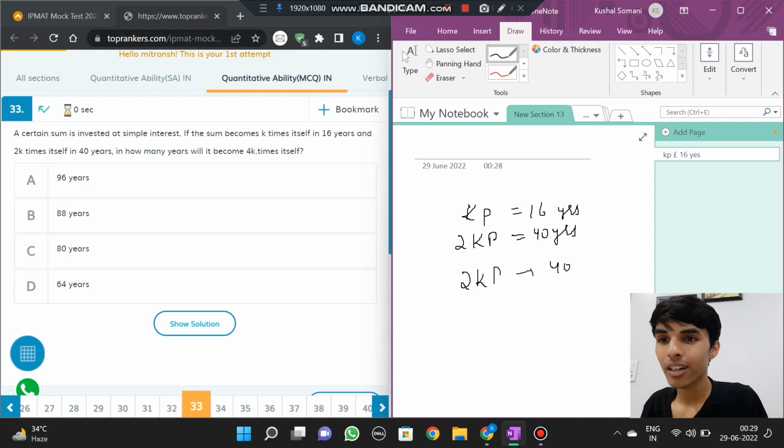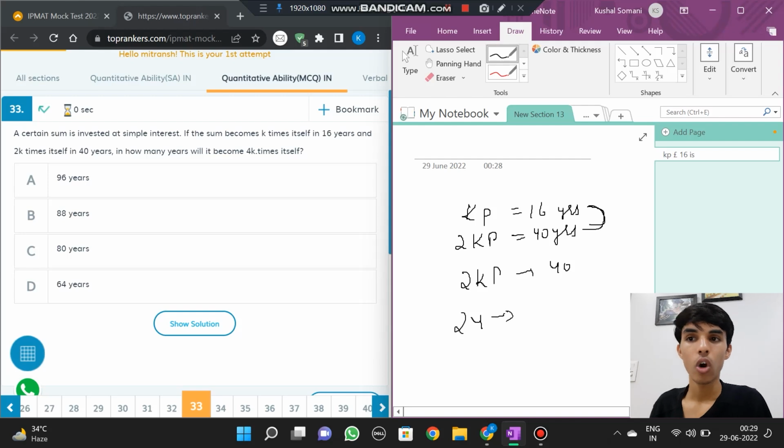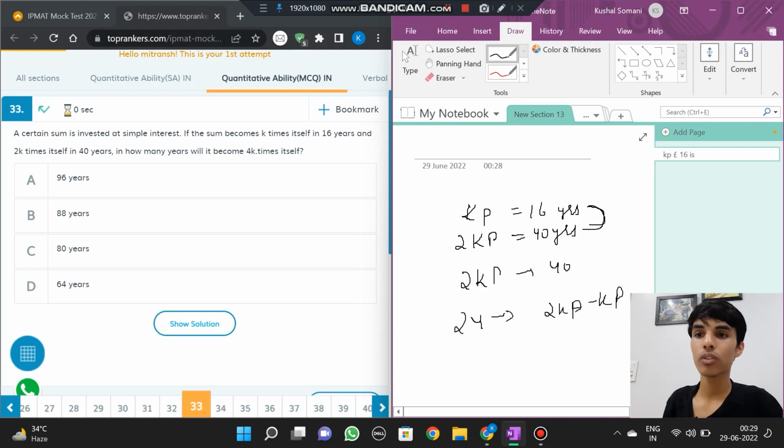And in this gap of 16 and 40, that is 24 years, it is earning an interest of 2kp minus kp. That is the amount earned after 40 years and 16 years. The difference of both is the interest that has been earned in these years, because it is simple interest, and the only gain in a particular year is the interest earned, which is constant throughout the years.